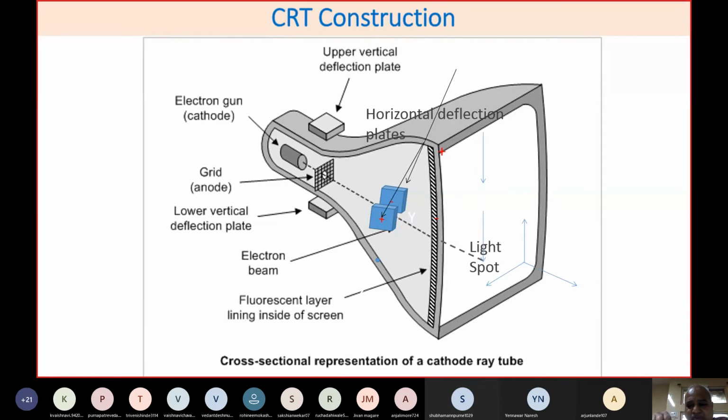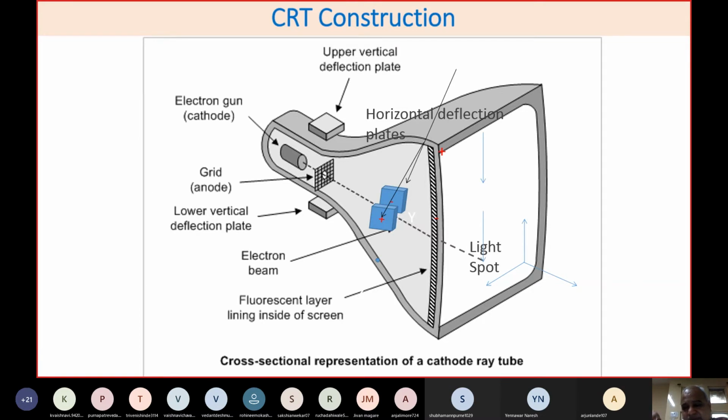When the beam is formed, it is required to move horizontally as well as vertically. To move this beam at a very fast rate, you have the horizontal oscillator and horizontal magnetic deflection. Here horizontal deflection plates control the movement of the beam from left to right.